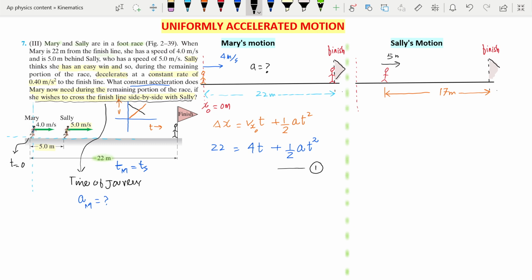That is 5 meters per second. We also know that Sally is decelerating, so we will take the value of her acceleration as negative 0.40 meters per second squared. By using this data, you can easily find out how much time she will take to reach the finish line.